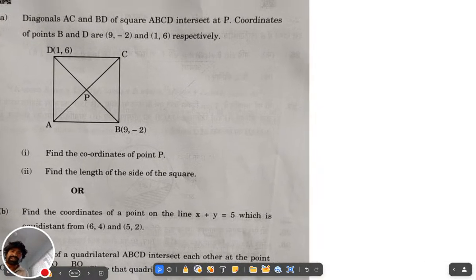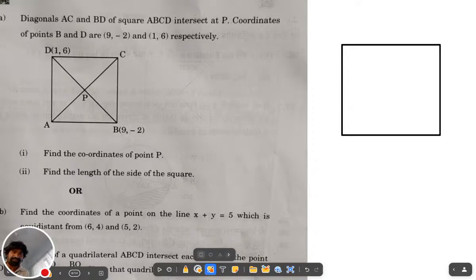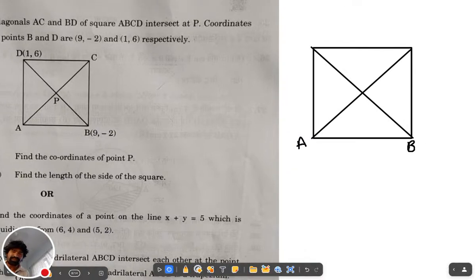Okay, so let's redraw this figure. So here A, B, C and D. D coordinates are given, (1, 6).